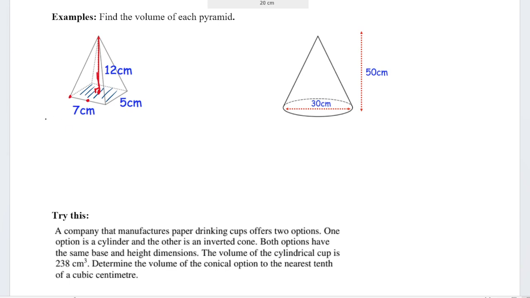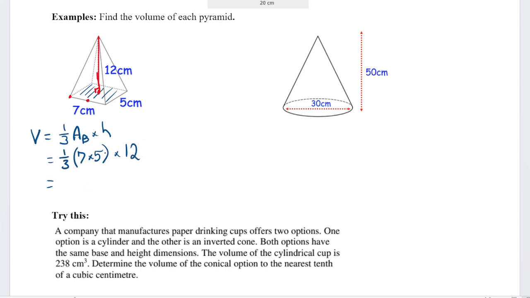So this one here, we've got everything we need. There's our base, there's our height. Volume is equal to 1/3 area of the base times height, which is 1/3. The area of the base is a rectangle, so it's just 7 times 5 times the height, which is 12.